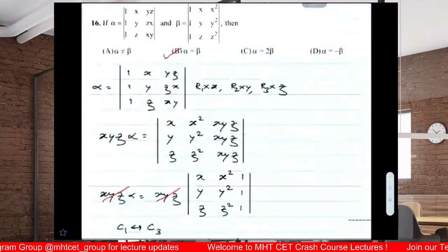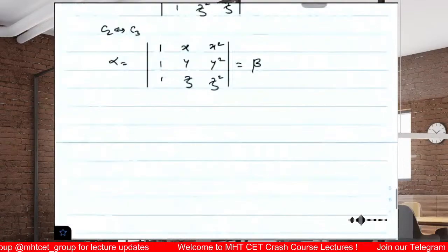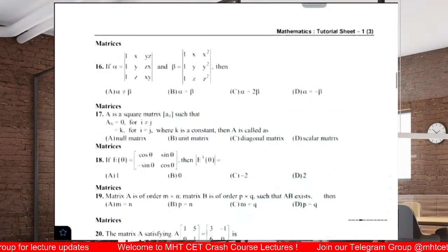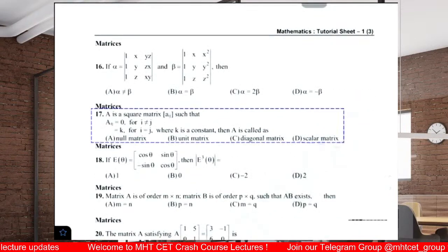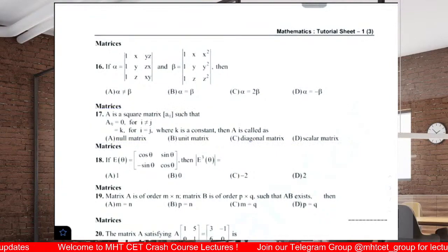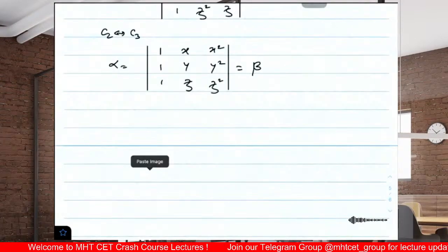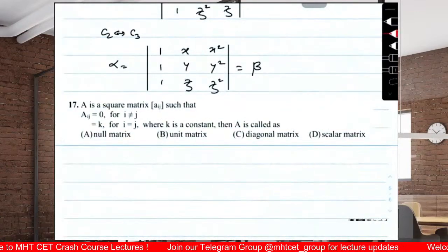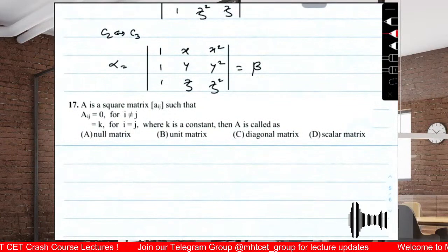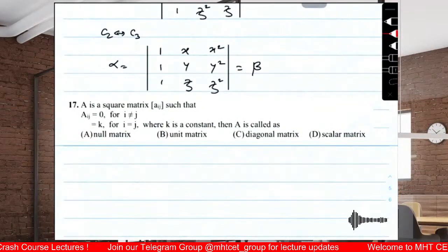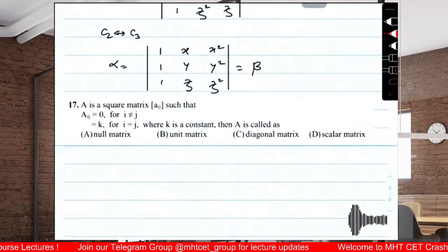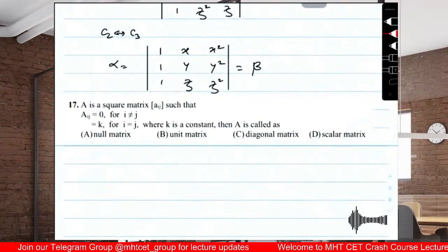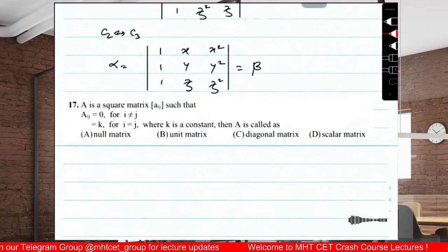Next, this was 16. Seventeen. Okay. A is a square matrix, Aij such that Aij equal to 0, i is not equal to j, and Aij equal to k where k is constant, then A is called... This is definition of scalar matrix, right? 3 by 3 assume कर लेते.